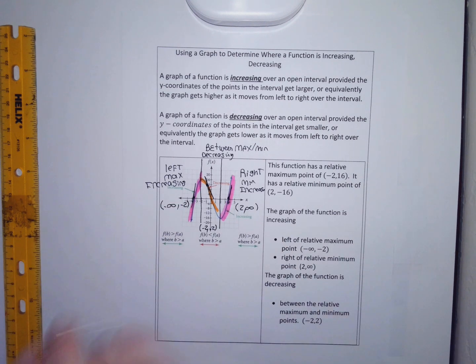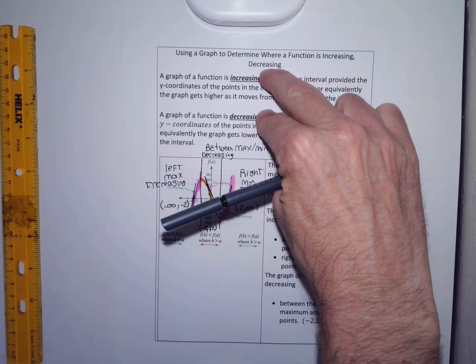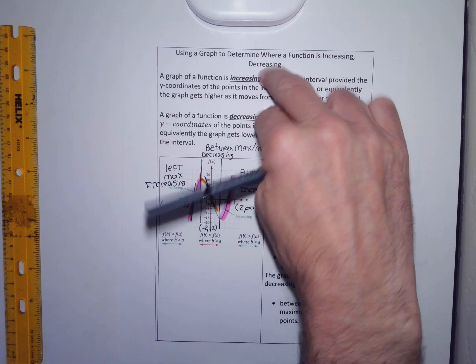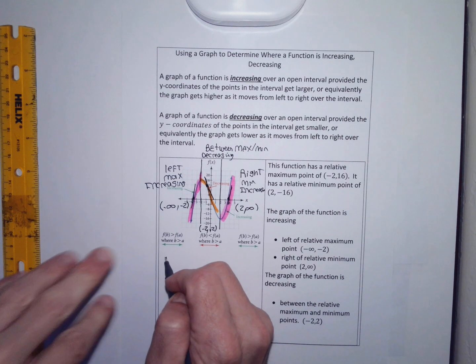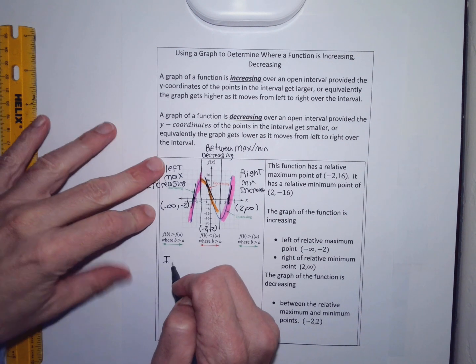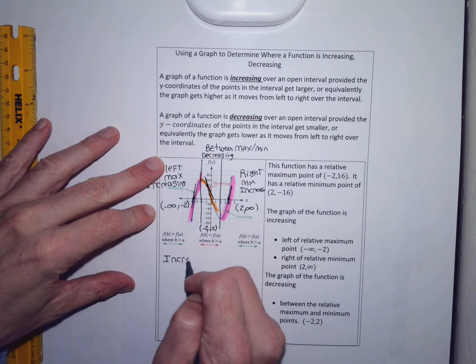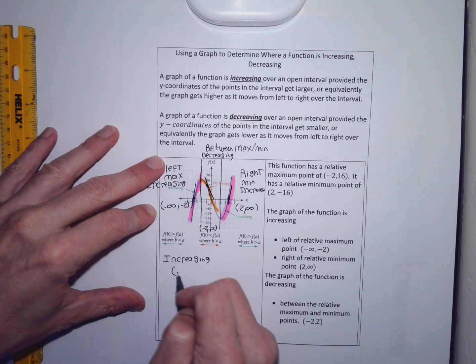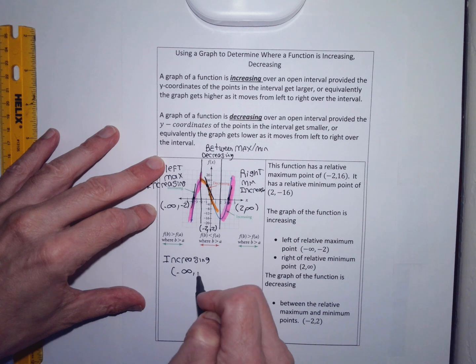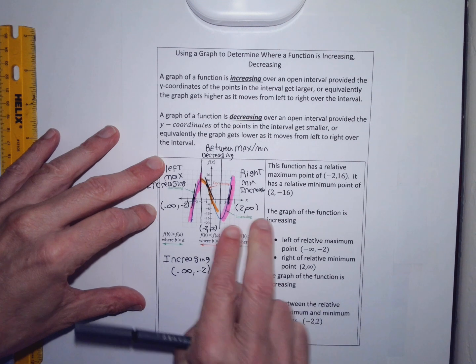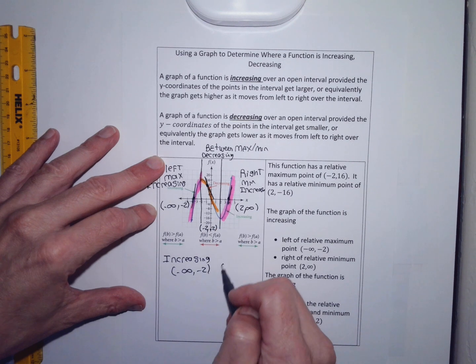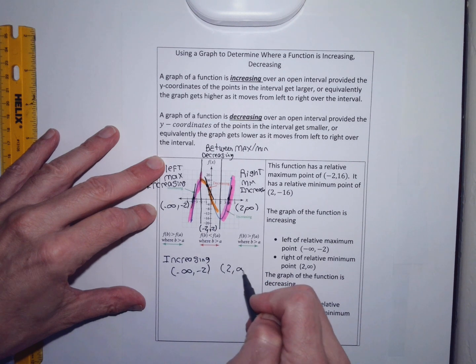If I was asked to describe the intervals where this graph is increasing and where this graph is decreasing, I would say that this graph is increasing in the first interval, the interval to the left of the maximum point, and that's going to be the interval from -infinity to -2. This graph is also increasing in the region to the right of the minimum point, and that's the interval from 2 to infinity.